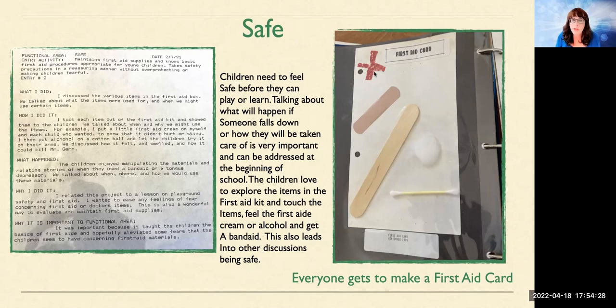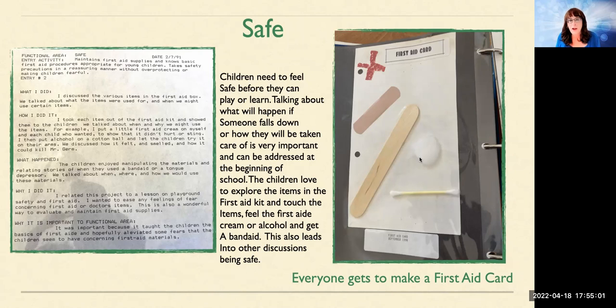But also what we did was we took out the first aid kit, and we showed children the Band-Aids, the tongue depressor, the cotton balls, the swabs, and we let them touch and pass around all the objects in the first aid kit. And what we ultimately ended up doing was putting a Band-Aid on every child, although most of them had experienced that before. They all wanted one, so this is fine. You give them the experience of having a Band-Aid.